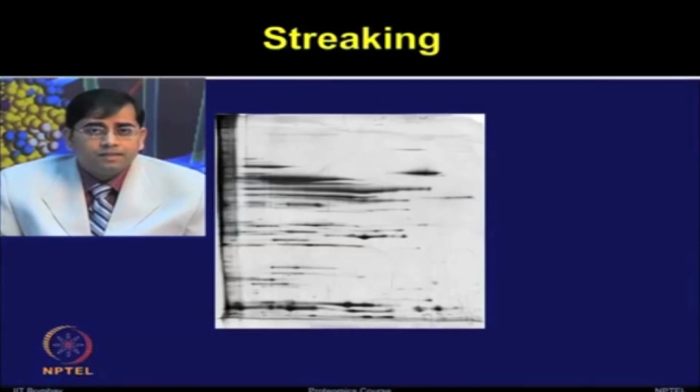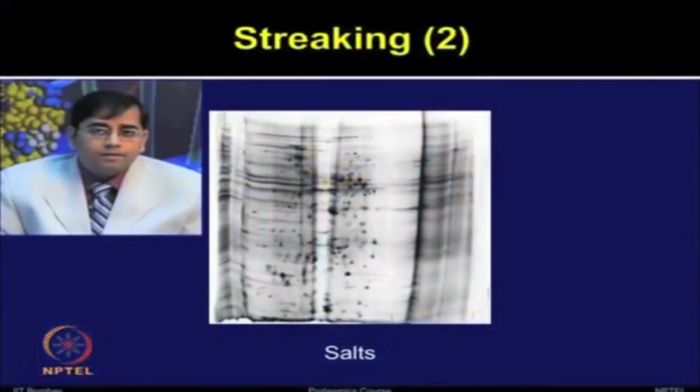Many times salts and other interfering components are also present, which interfere in the IEF process, and one can see the streaking pattern after looking at the staining of the gels. As shown in this gel, the presence of salt can be interfering and may result in vertical streaking.